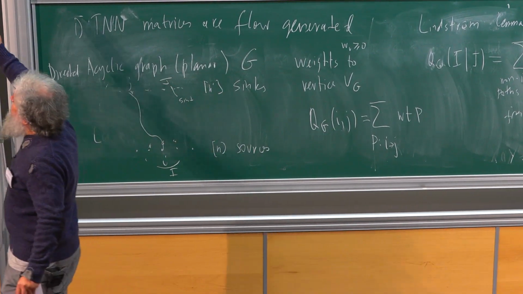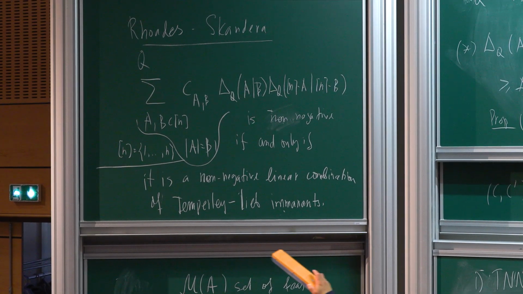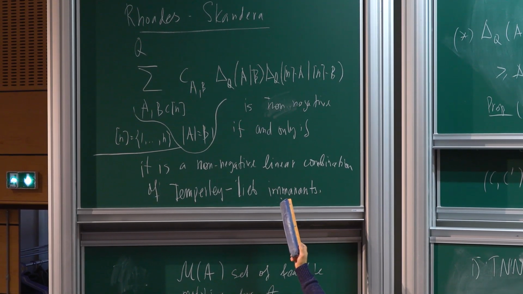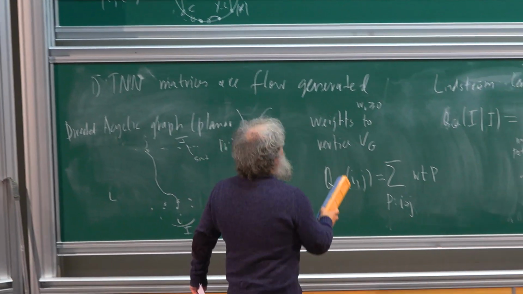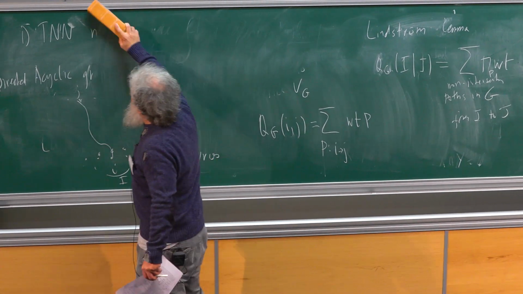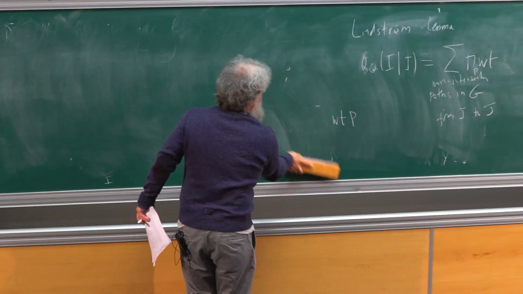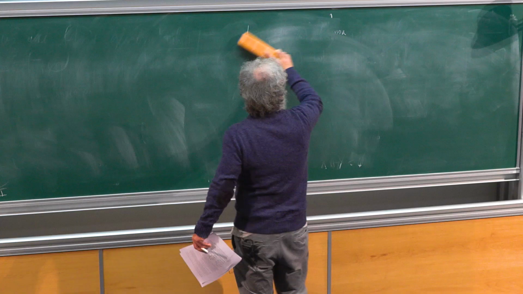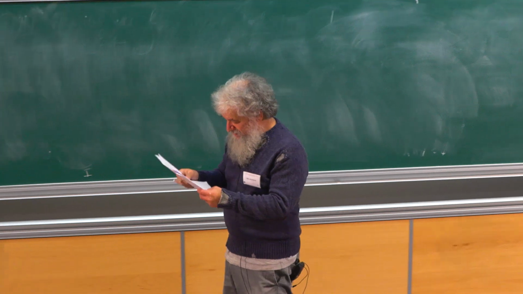This is a deep result, but there is an even deeper result that the Temperley-Lieb immanants are Schur positive on the Jacobi-Trudi matrix. So if you have a totally non-negative inequality and evaluate it on the Jacobi-Trudi matrix, you get a Schur non-negative quadratic expression for Schur functions. This is important for some questions in representation theory.